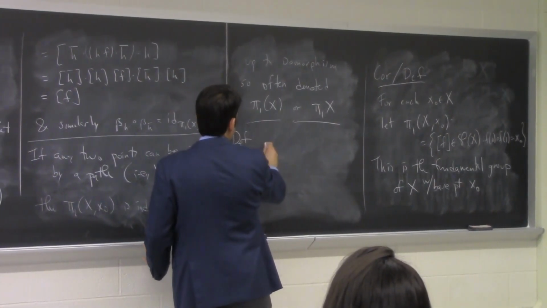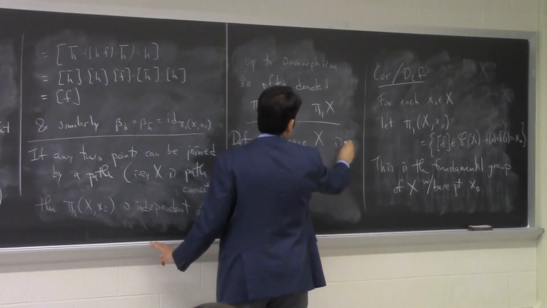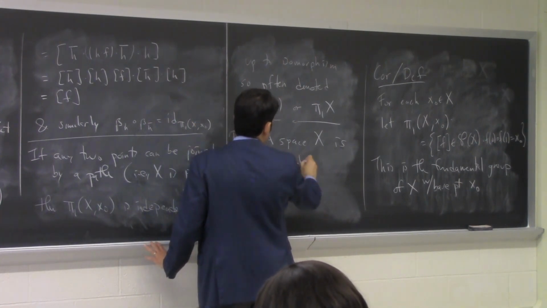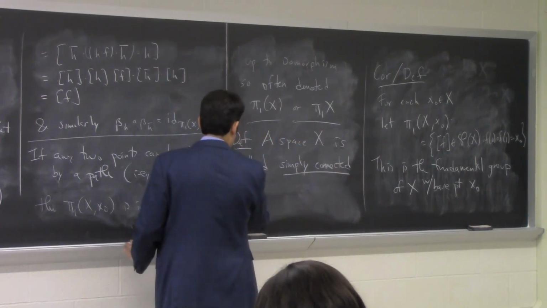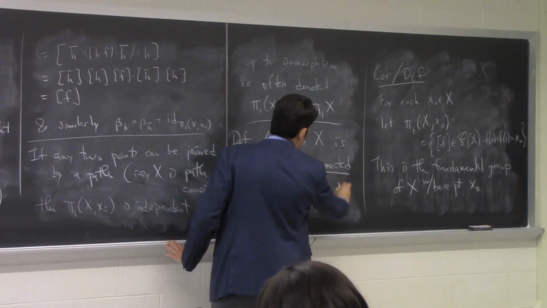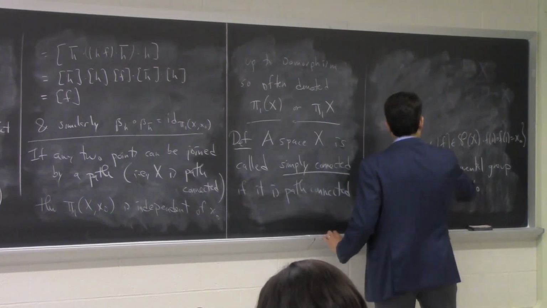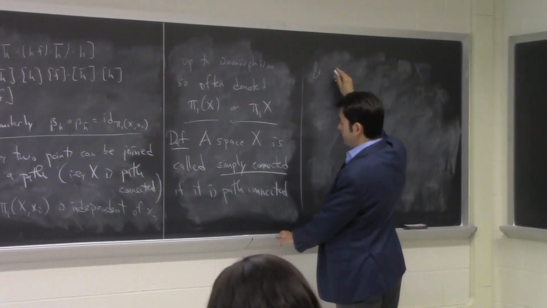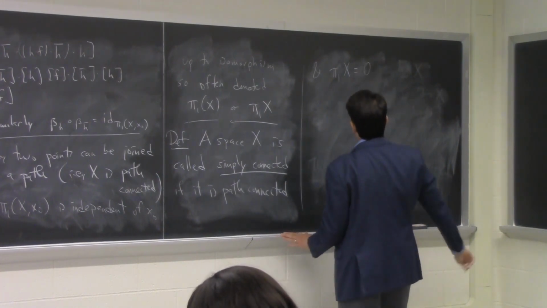OK, here's a definition. A space X is called simply connected if it is path connected and the fundamental group is trivial.